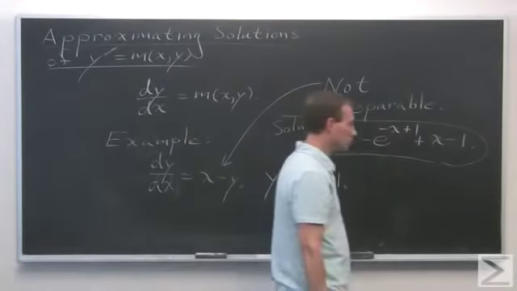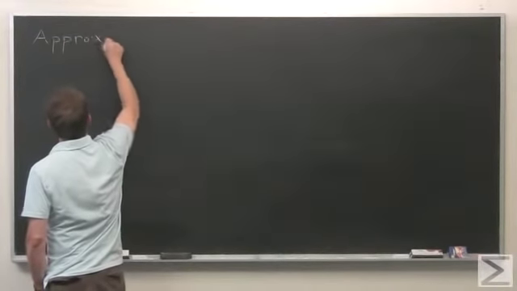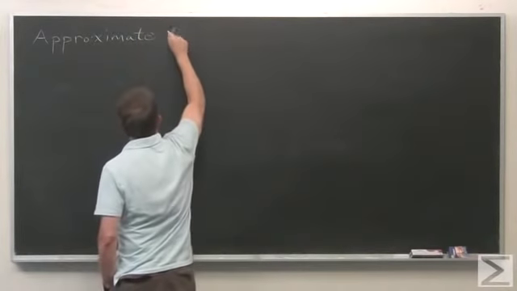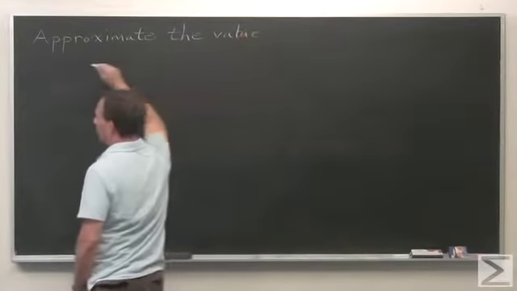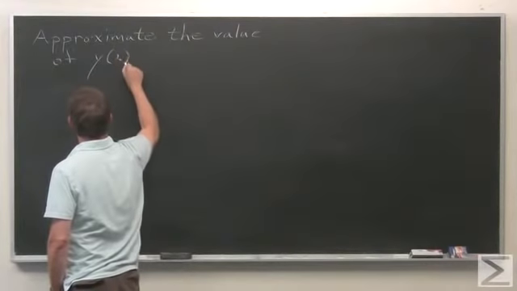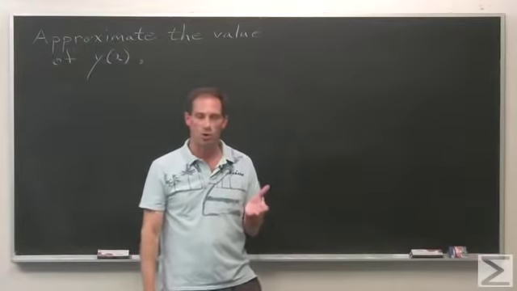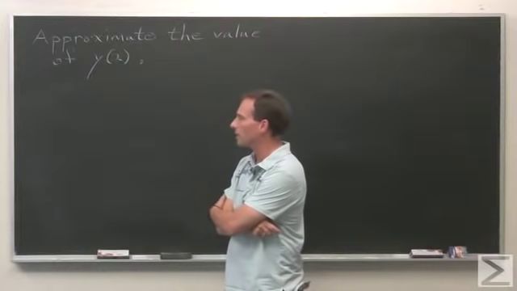So, for instance, we're going to do just something very special, but if you can do this, you can do any problem of this form: approximate the value of y when x is 2. This is our goal. And of course, we'd like to be able to do it no matter what x coordinate you pick. I'm just picking x equals 2 to pick something specific.